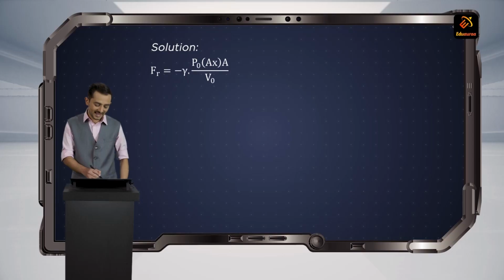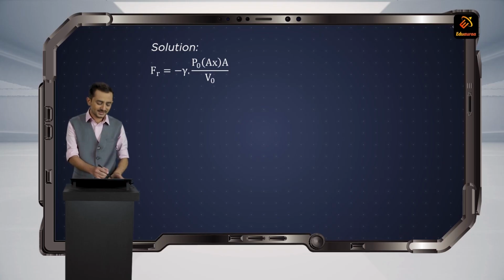So we will be getting Fr is equal to minus gamma into P naught into, what about delta V? It is A times x, into A remains as it is, the whole upon V naught. Now students, A into A will give us A square.